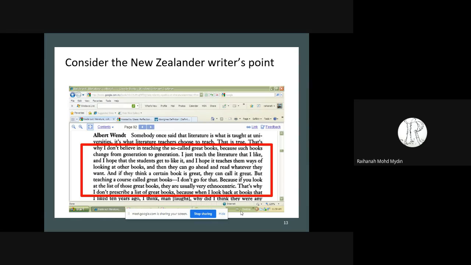But for your assignments, you get to choose books that you like, that you may, as Wendt says here, call great. But you need to justify their so-called greatness. What makes them great? Is it because other people think so? Is it because they have won awards? Is it because they are on the bestseller list? Is it because they've been made into movies? What's a great work of literature? You as a reader need to make up your own mind, especially within the context of being a student of literature.